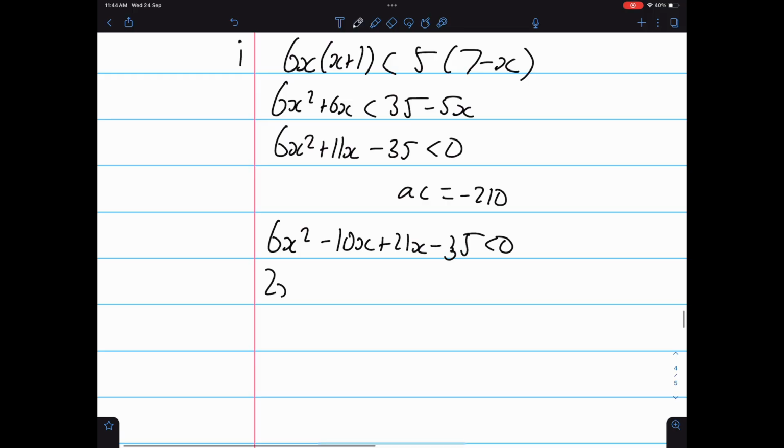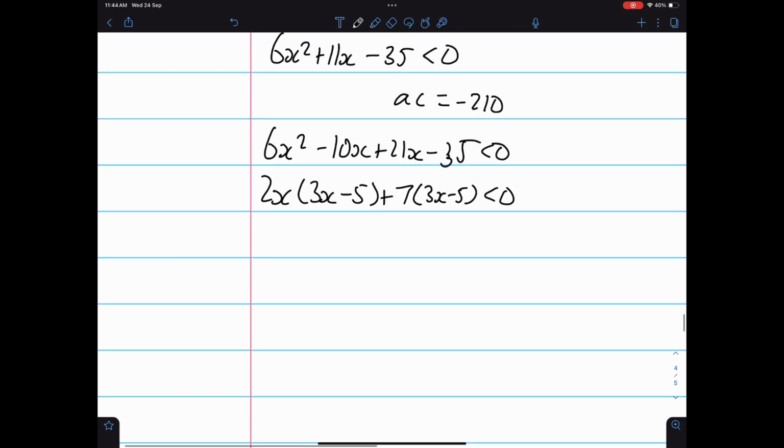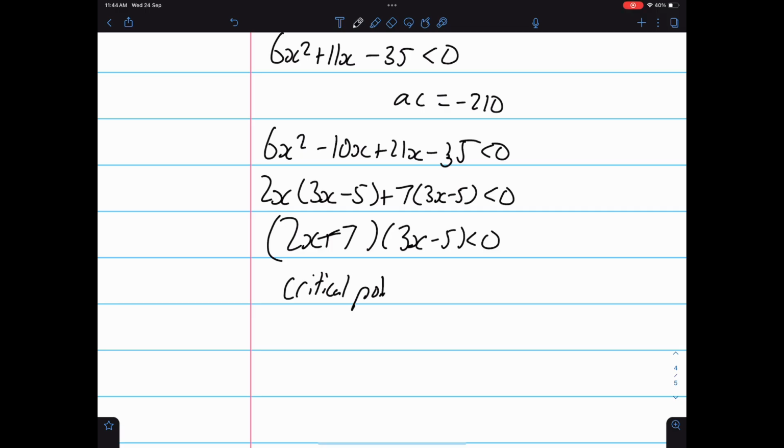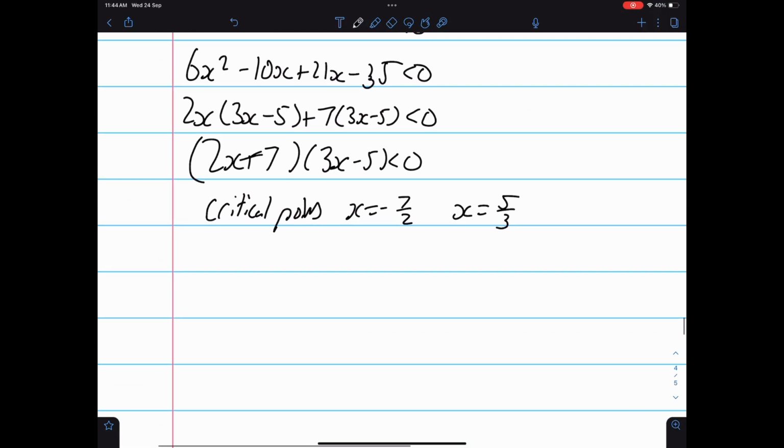And then excellent, that's factorizing. Critical points, x equals minus 7 over 2, x equals 5 over 3. And we want to be less than 0, so we will do between the 2 points.